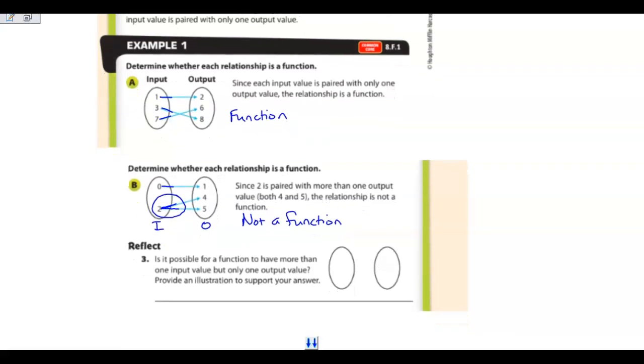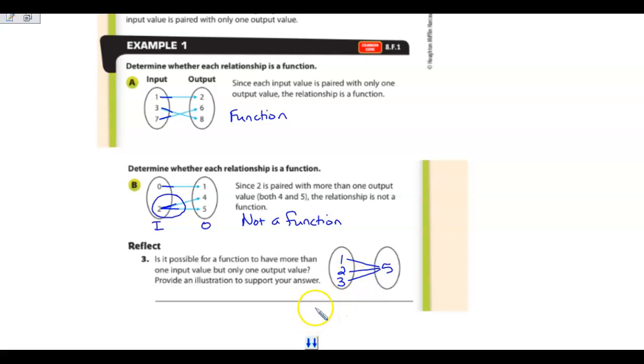Is it possible to have more than one input value, but only one output value? So it's possible for a function to have more than one input value, but only one output. That would be if I had 1, 2, 3, and I only had one number. Is this possible?